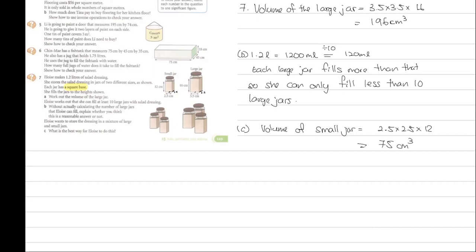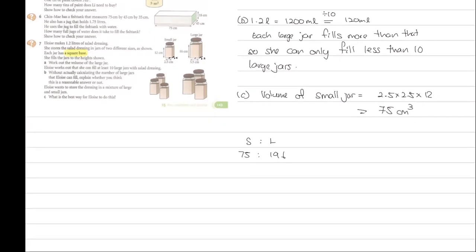So let's put the ratio as small is to large, 75 is to 196. I need a calculator for this. So once you find a ratio for this, let's just divide now. 75, 196, no. So let's estimate it then.